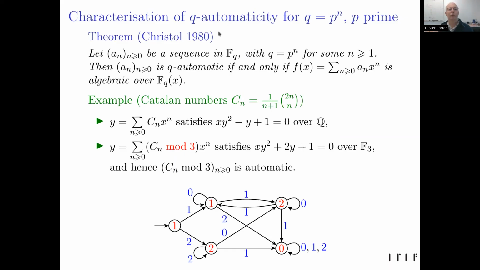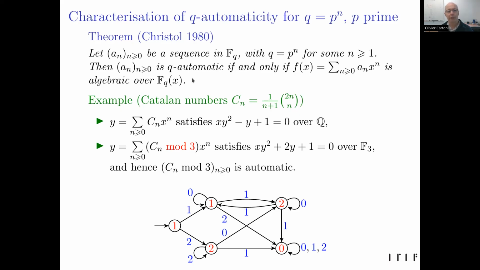past. So Christol's theorem states that a sequence of elements in a finite field F_q, of course q must then be a power of a prime number, then a_n is q-automatic for the q given here if and only if the power series, the sum of a_n x^n, is algebraic over the field of rational functions in x.